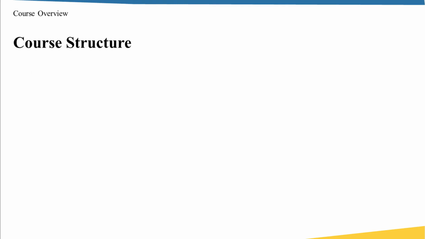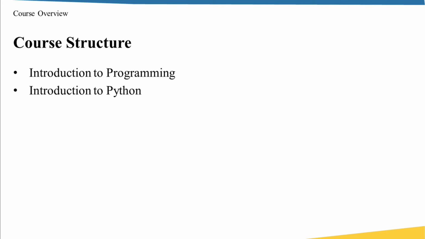Now let's talk about course structure. In this course, I assume that you have no programming knowledge before. Therefore, the first module, Introduction to Programming, will give you a brief introduction to programming in general. The next module, Introduction to Python, will show you how to get Python installed and how to get PyCharm IDE installed on your computer, whether you use Windows, Mac, or Linux OS.